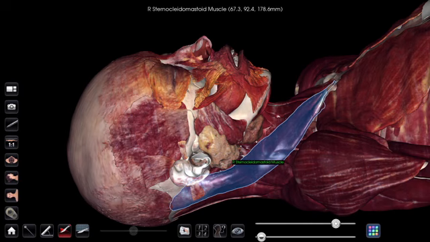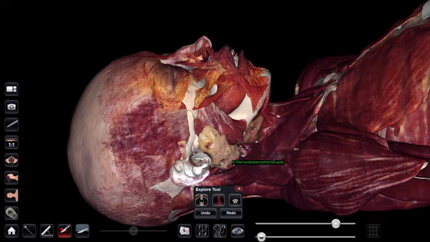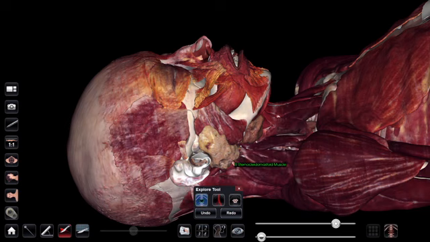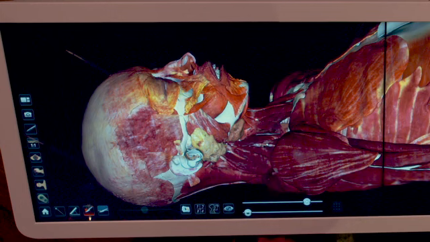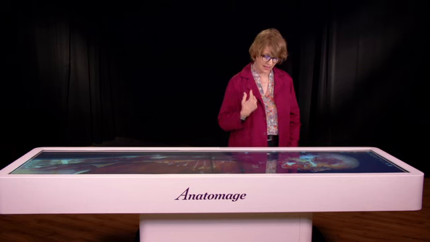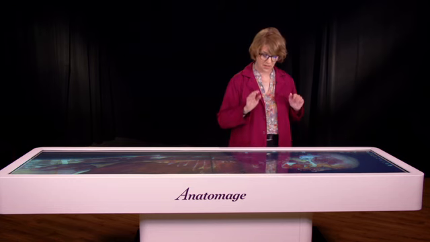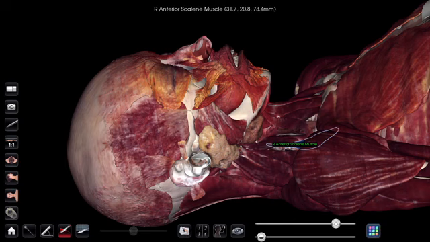Now let's take off sternocleidomastoid. And we can see the scalene muscles in this area. The scalene muscles, when used on one side, will tilt the head laterally, but when both are used, can help flex the neck. There's an anterior scalene, a middle scalene, and a posterior scalene muscle.